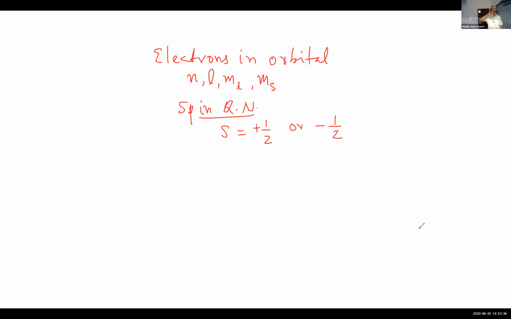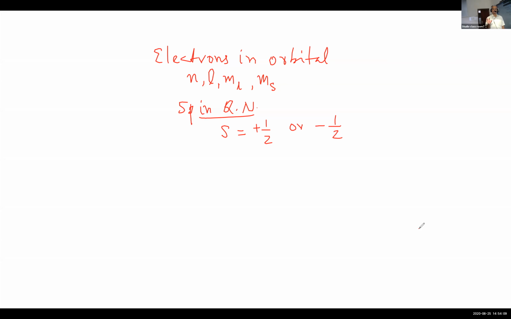The electron spinning in the clockwise direction will have the spin quantum number plus half. The electron spinning in the anti-clockwise direction will have the spin quantum number minus half. So electrons can have only 2 spin quantum numbers, either plus half or minus half.